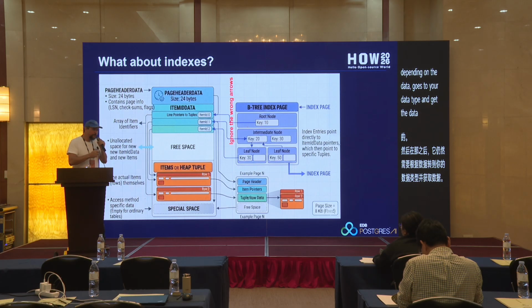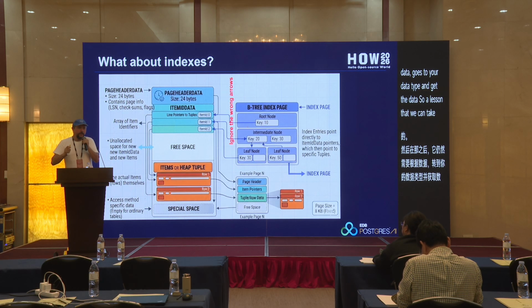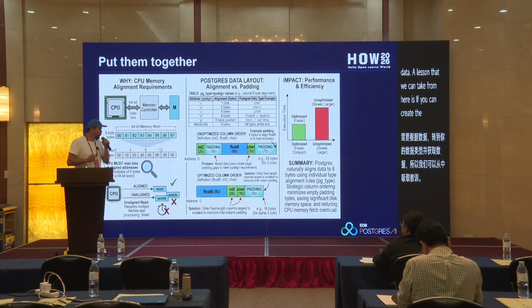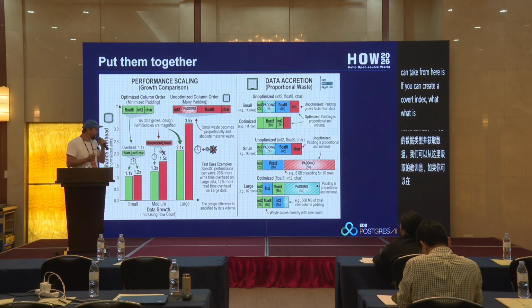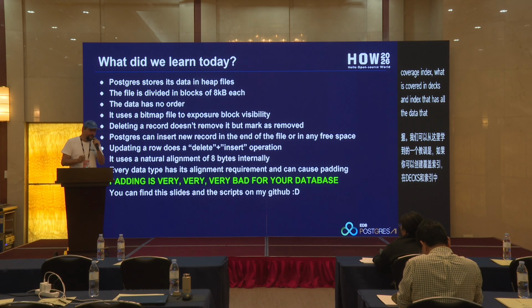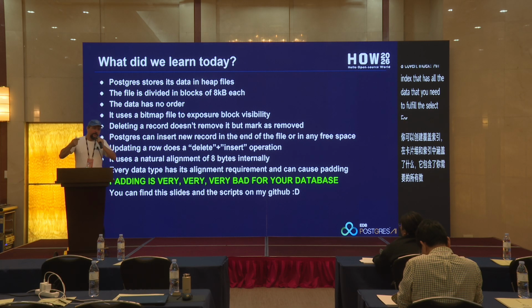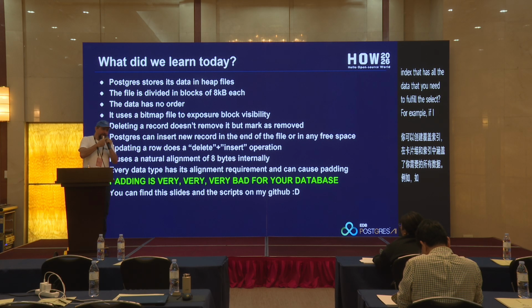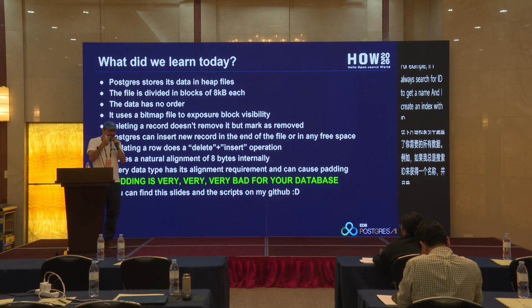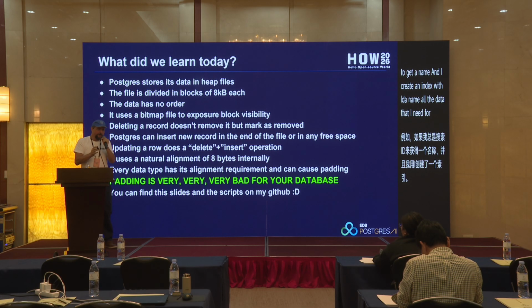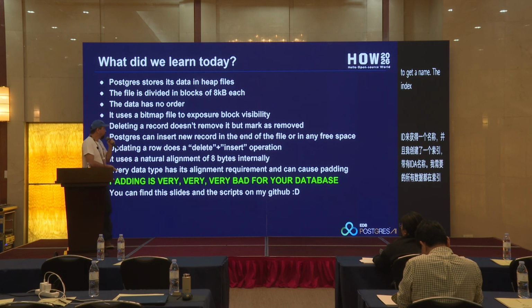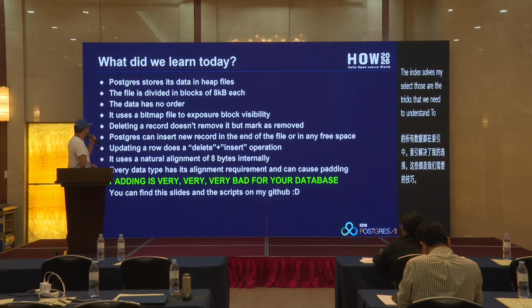So a lesson that we can take from here is that you can create a covered index. What is a covered index? An index that has all the data that you need to fulfill the select. For example, if I always search for ID to get a name, and I create an index with ID and name, all the data that I need for that select is in the index. The index solves my select. Those are the tricks that we need to understand to also get some performance improvement.